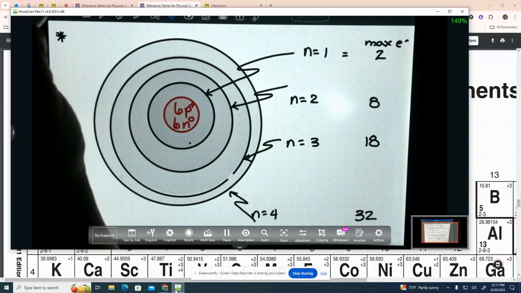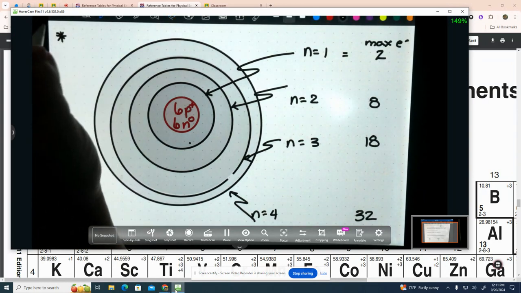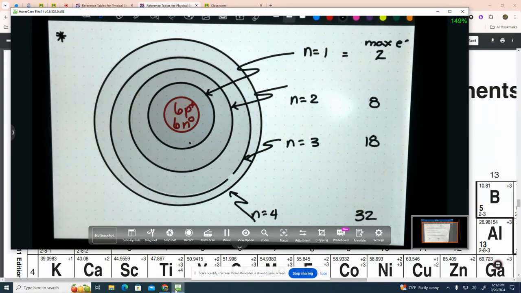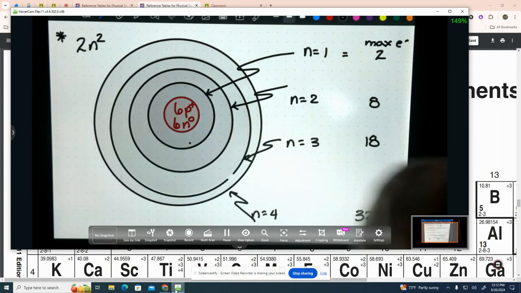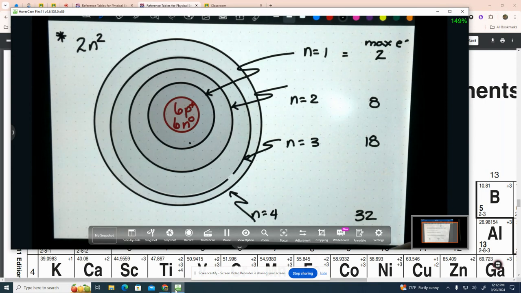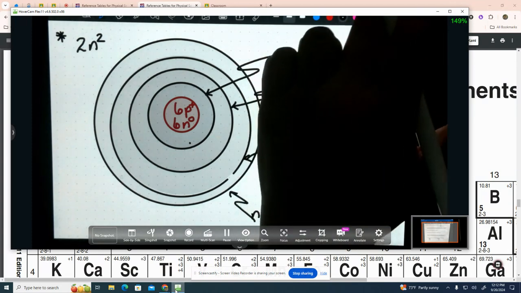So, there is a formula that we use to calculate the maximum number of electrons that can fit in each energy level. And that formula looks like this: 2n to the power of 2, where n is the number of the ring, the energy level. I'm going to go to the next page just so I have room.